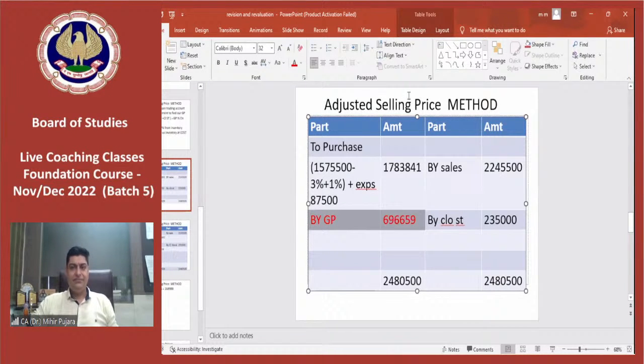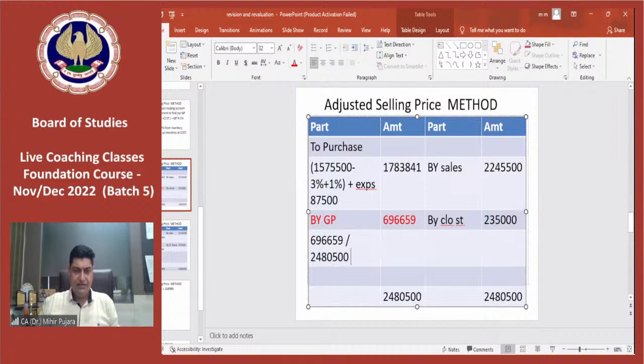Simple. But we need GP percentage, guys. But we need GP percentage. GP divided by, okay, remember you should divide by total of this. Okay, total of this.